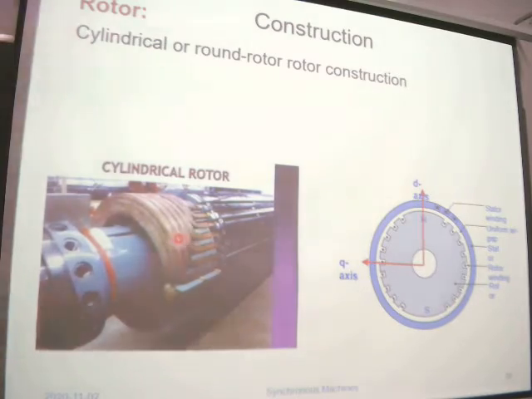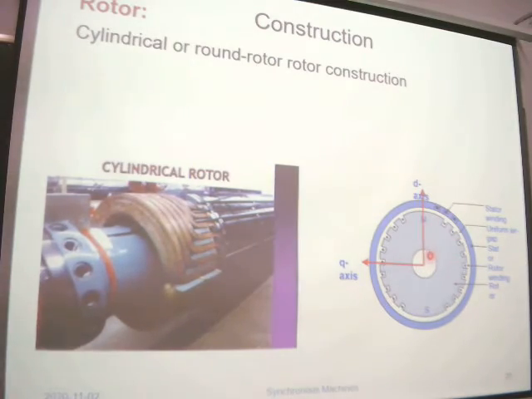These are the copper wire windings. The cylindrical rotor is also called the round rotor. It is manufactured with a small number of poles and high speed, high revolutions per minute.